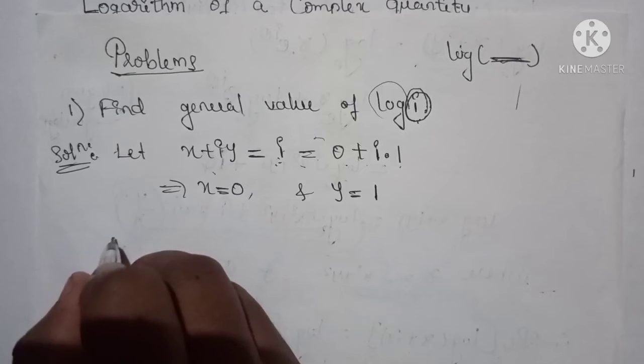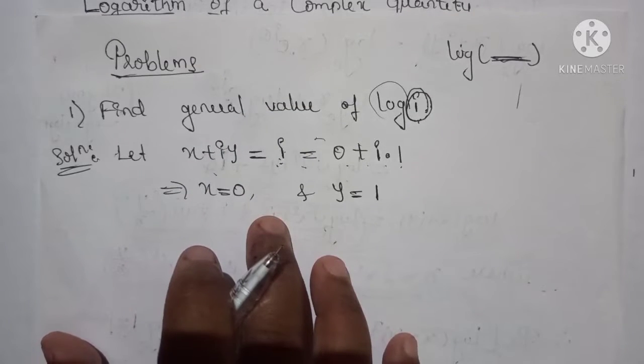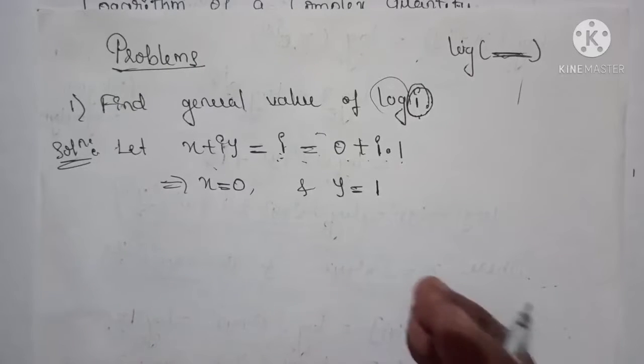Now for finding the general value we need the square root of x square plus y square and the amplitude of z. First we find that.